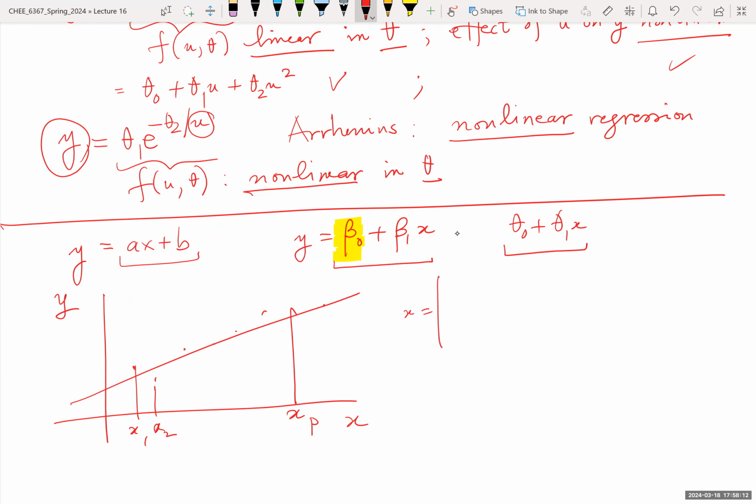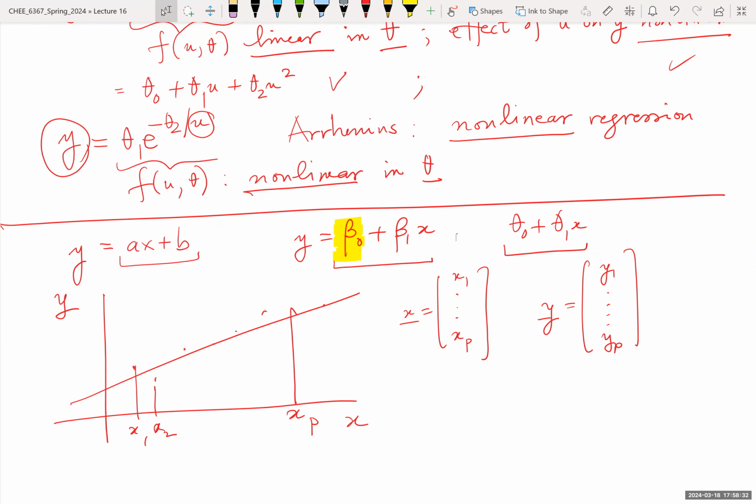You have the vector x, which is x1 through xp, and the vector y, which are your measurements.